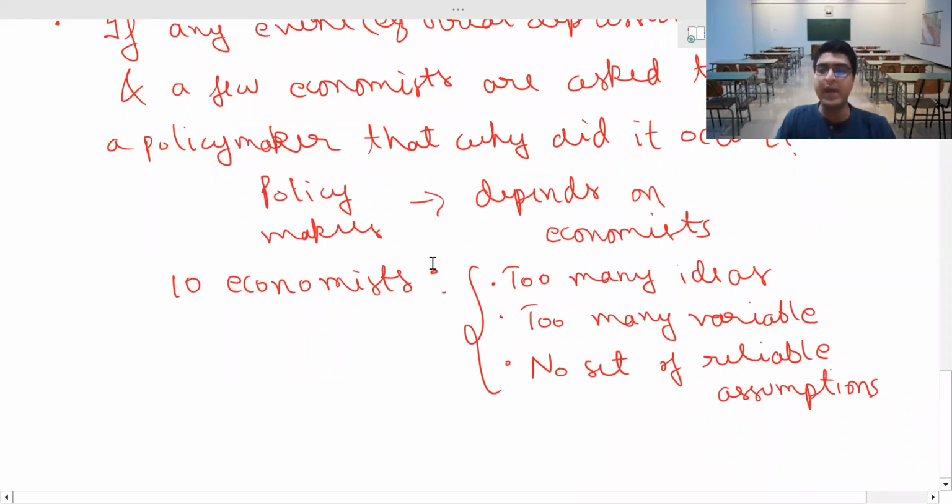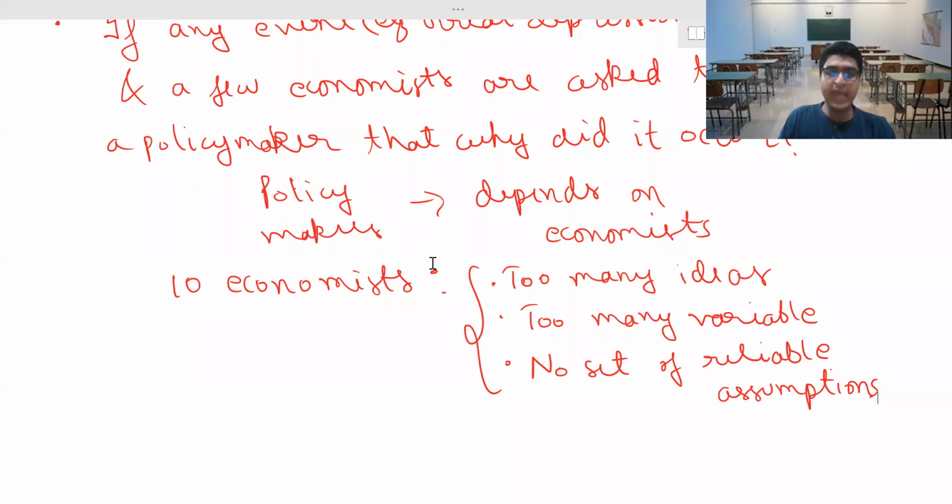There has to be some reliable assumptions behind that. And you cannot have too many variables, otherwise you won't be able to reach a particular conclusion. A model is required to understand a situation in a simple manner. So if there are fewer variables and some practical assumptions, then the conclusion derived from that model can be reliable.